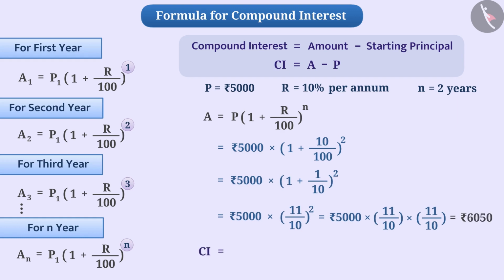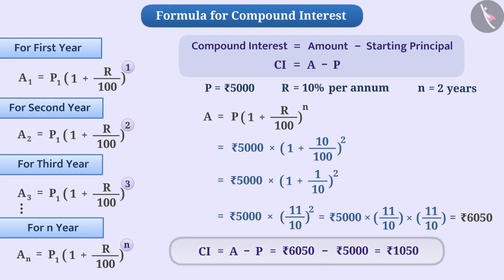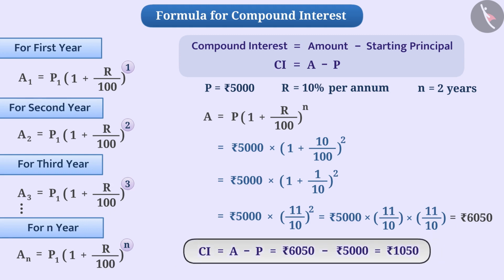Now CI is equal to A minus P, which is equal to rupees 6,050 minus rupees 5,000, which is equal to rupees 1,050. In this way, you can calculate compound interest from the formula.